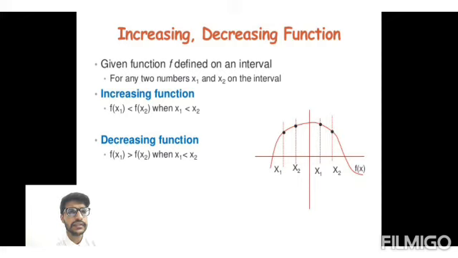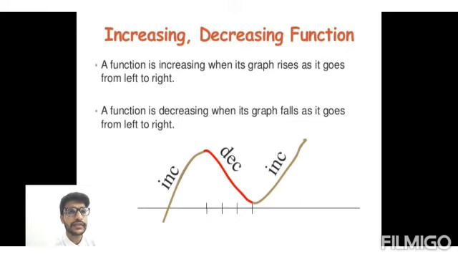Increasing function. Given a function f defined on an interval, for any two numbers x1 and x2 in the interval, the function is increasing if f(x1) is less than f(x2) when x1 is less than x2, and decreasing if f(x1) is greater than f(x2) when x1 is less than x2. For an increasing function, the graph rises as it goes from left to right.